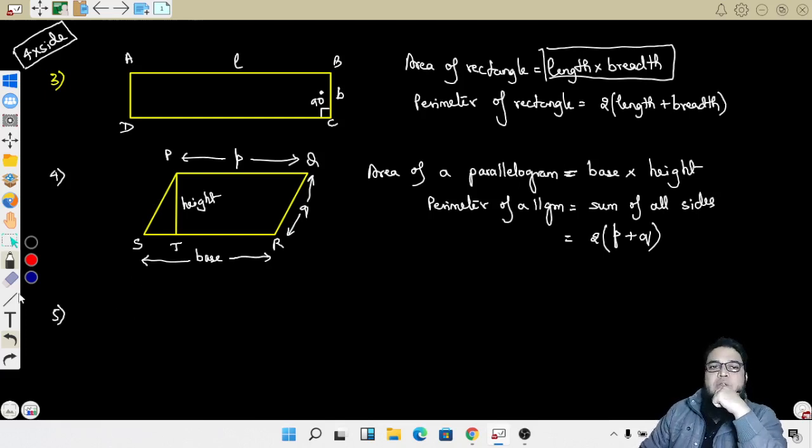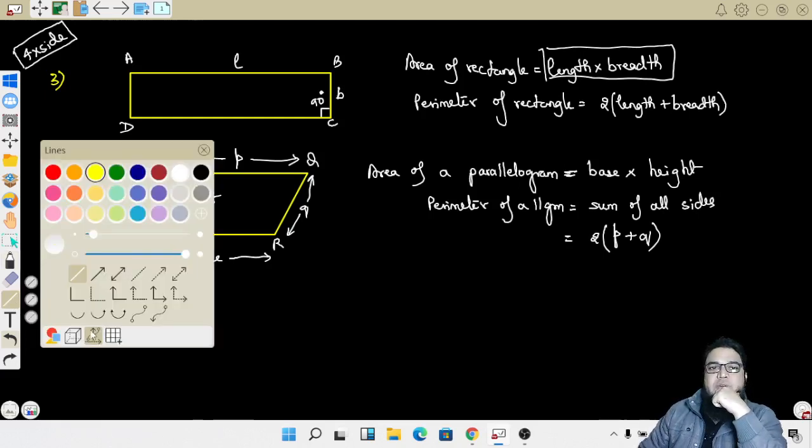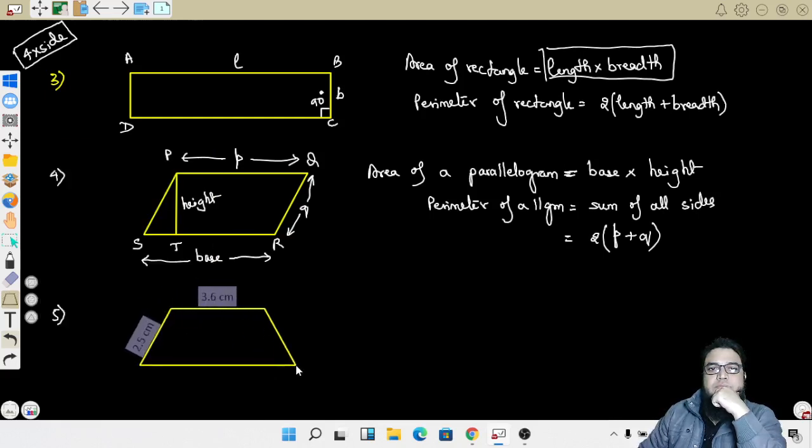Now coming to the next one, that is the trapezium, P, Q, R, S. Now, the area of a trapezium.